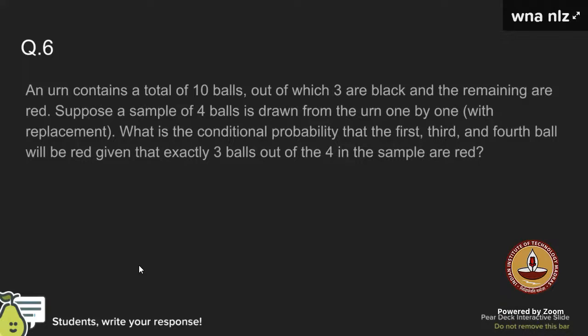Two or more events are said to be independent if one event occurring does not affect the chances of the other event's occurrence.